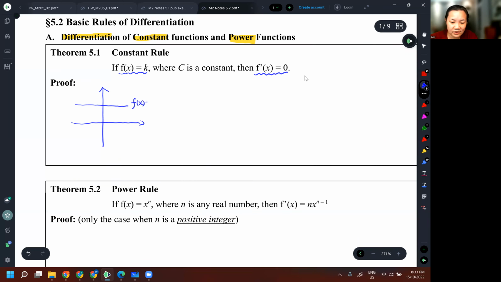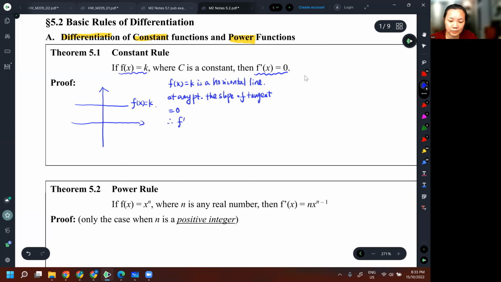f of x equal k is a horizontal line. At any point, the slope of tangent is equal to 0.